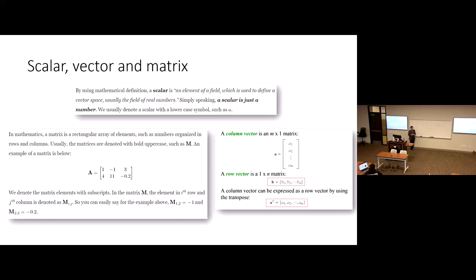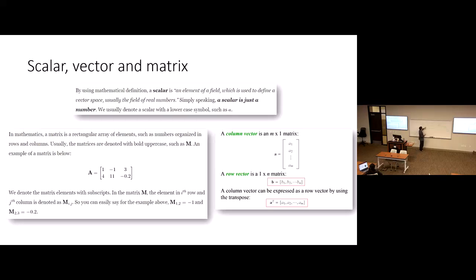In data science and machine learning, we consider a vertical vector by default. If a linear algebra textbook in data science puts a small a as a vector, and it does not tell you whether a is vertical or horizontal, by default it is considered vertical.